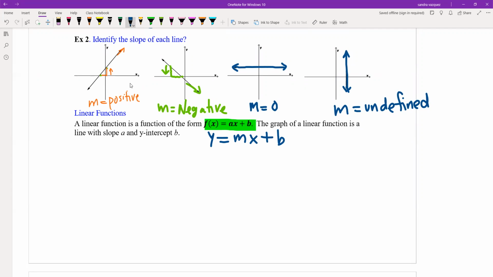In terms of what I'm trying to say right here, I'm going to give you a small picture. If I give you a line, this point that you see right here is what we call your y-intercept.